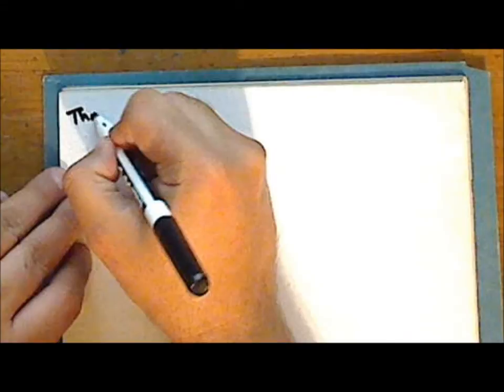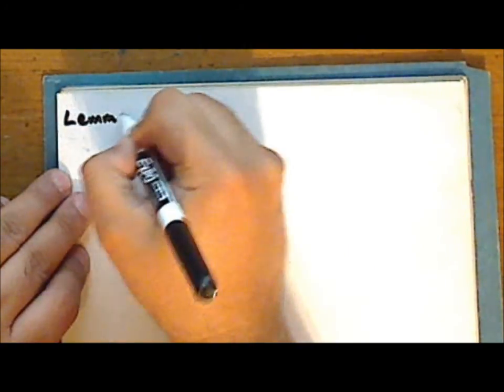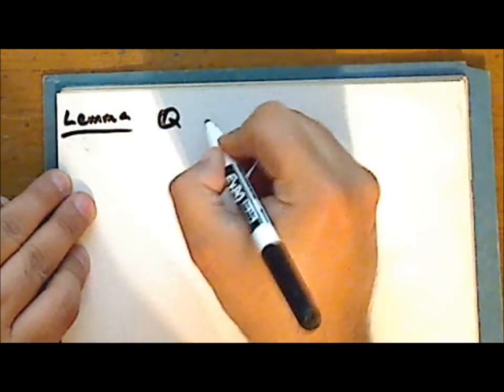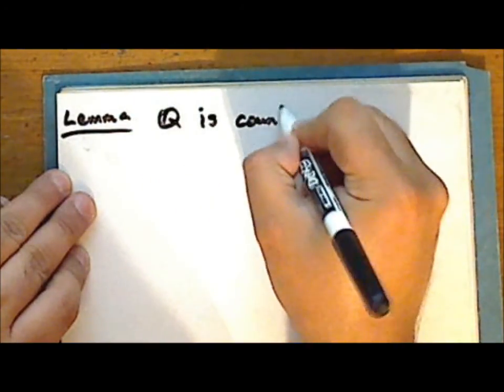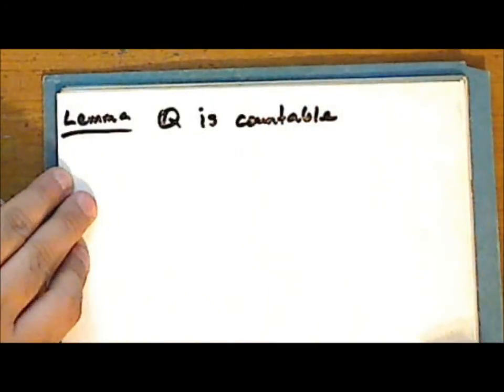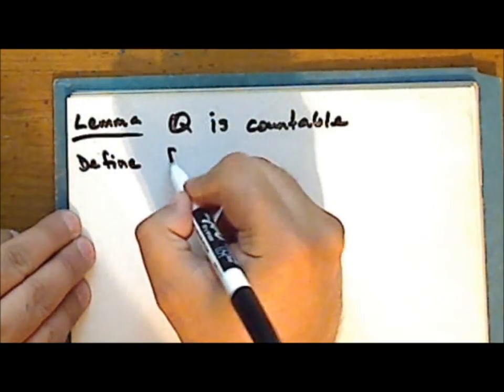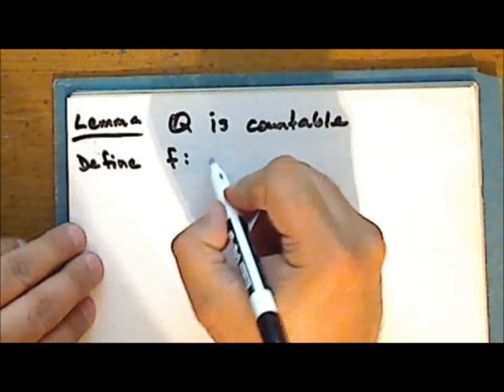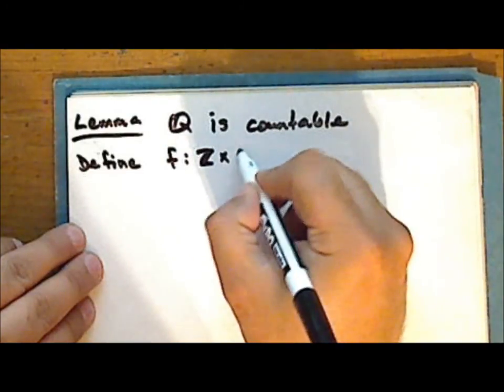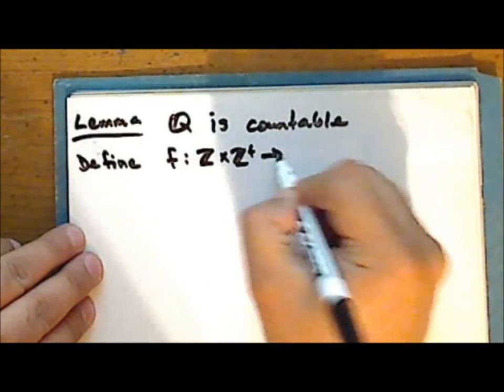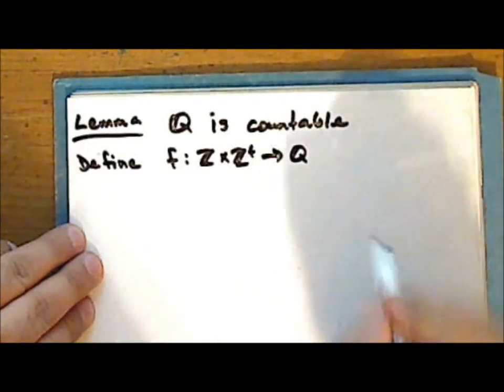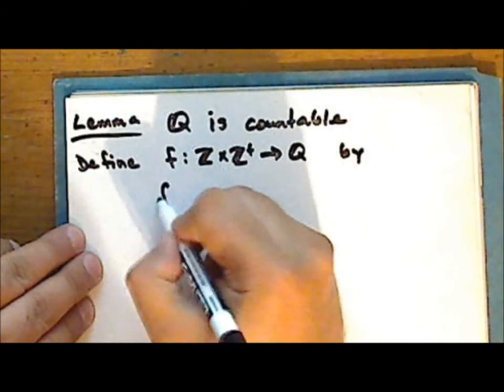So next we'll show that the set of rational numbers is countable. And we'll state it as a lemma. Okay, so we will define a function f, mapping a product of the integers with the positive integers into the set of rational numbers, and we'll define this by f of (m, n).